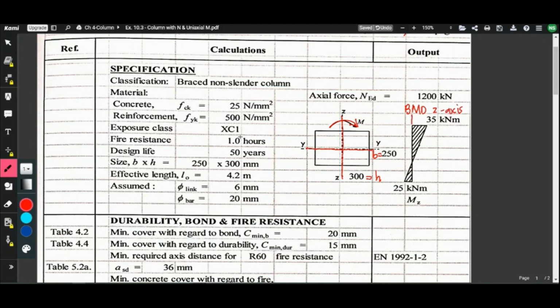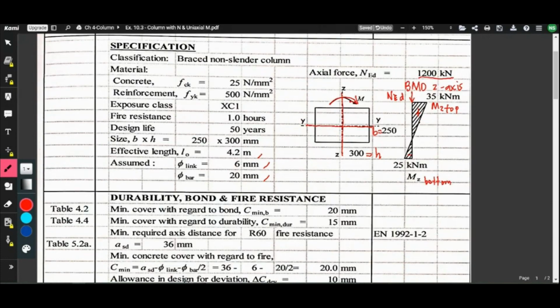We have NEd of 1200 kilonewton, and Mz top is 35 kilonewton meter while Mz bottom is negative 25 kilonewton meter. Effective length is given as 4.2 meter. Diameter of link is assumed to be 6 and diameter of bar is 20 mm.